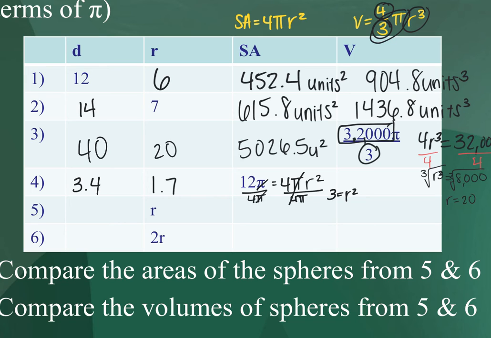And my volume, when I plug in 1.7, is 4 divided by 3 times pi times 1.7 to the third power. And we should get that our volume is 20.6 units cubed.